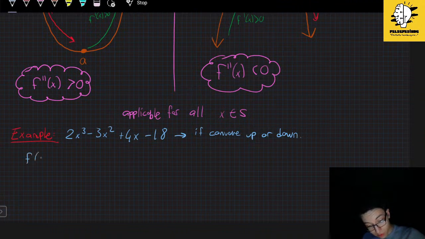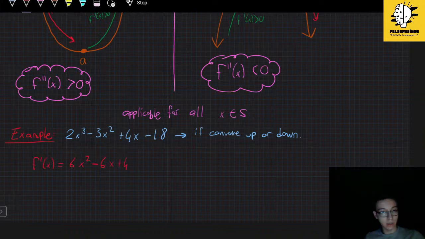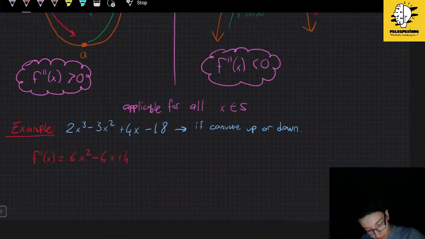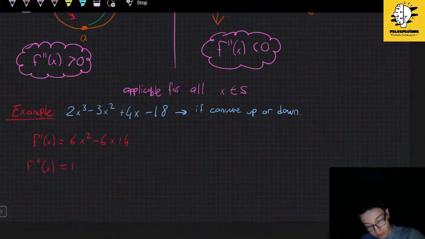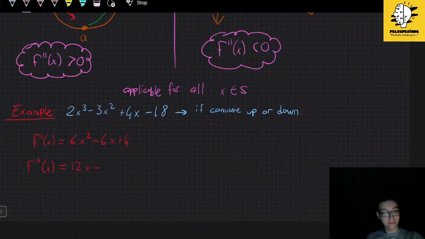Let's take our first derivative. First derivative will be equal to, let me solve it by reds to not break the tradition. f derivative x is equal to 6x squared minus 6x plus 4. Right? Yes. Now see the second derivative, 12x minus 6.